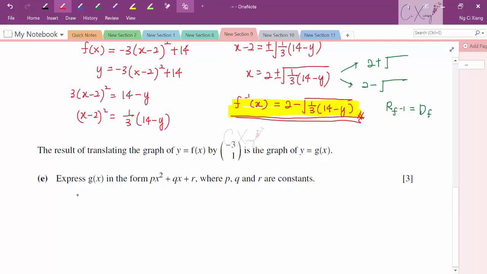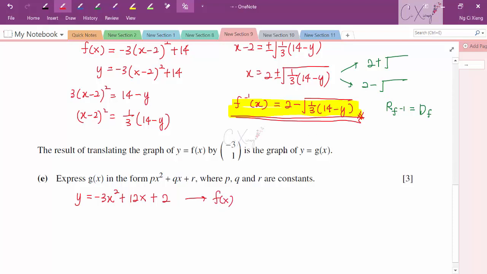The original function will be y equals negative 3x squared plus 12x plus 2. This is my f(x).